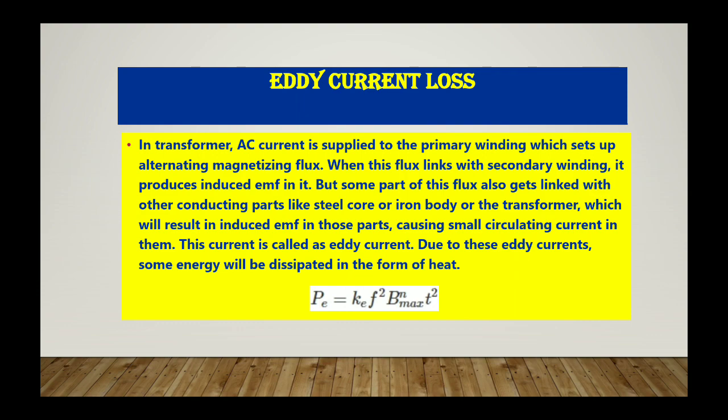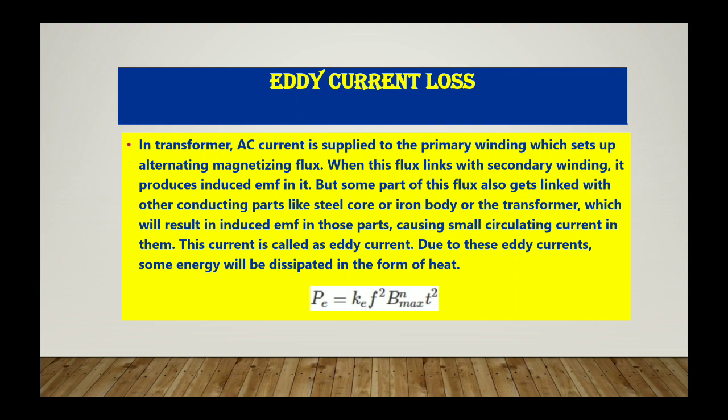So when this flux is linked with this conducting medium, a voltage is induced. But this conducting and magnetic part is not connected with the load impedance, or there is no electrical connection between the conducting part and the external load circuit.